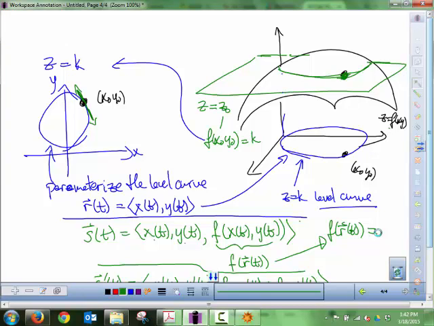Some more? I want to put something next to this equal sign, and there are three possible things according to the picture that we're seeing up on the screen right now. What can it possibly equal? Think.